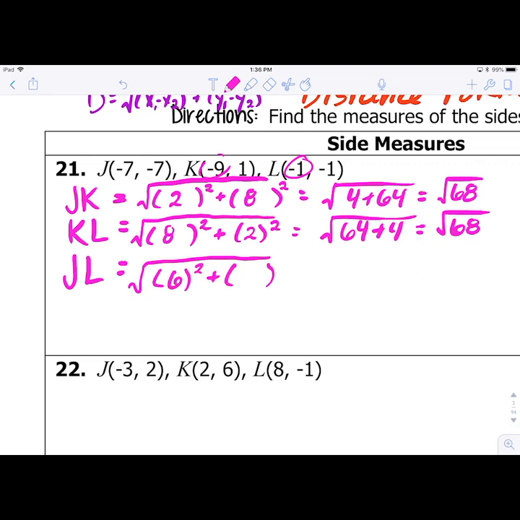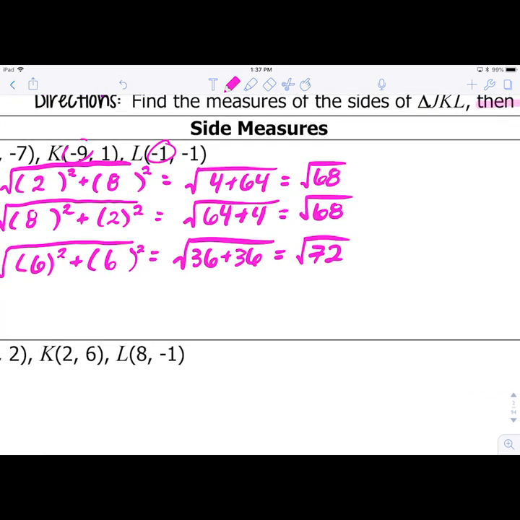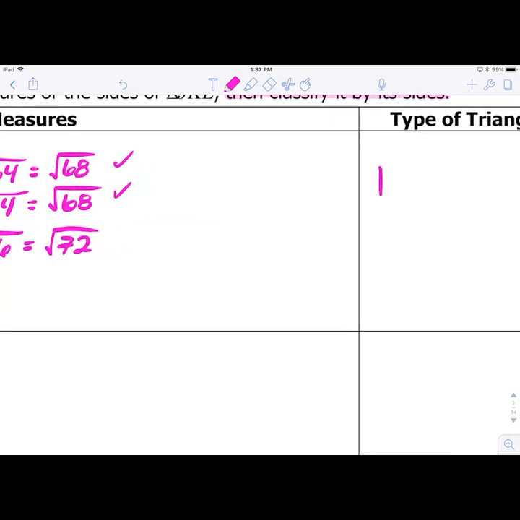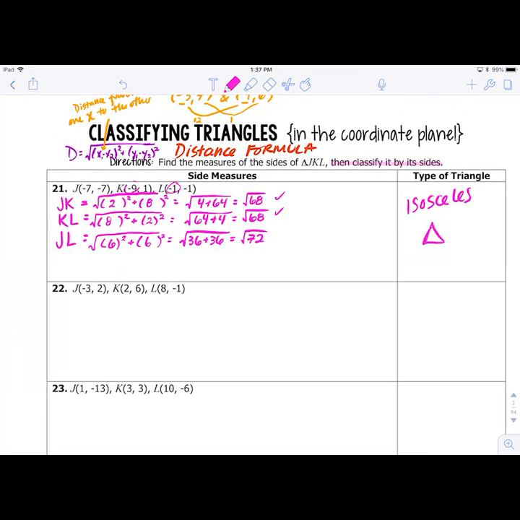And then same thing, negative 7 to negative 1 in the y's, that is also 6 units of separation. 36 plus 36, that's going to give me 72. Only two of the sides look alike, so we know this is an isosceles. There we go.